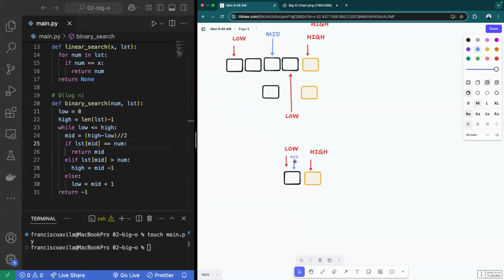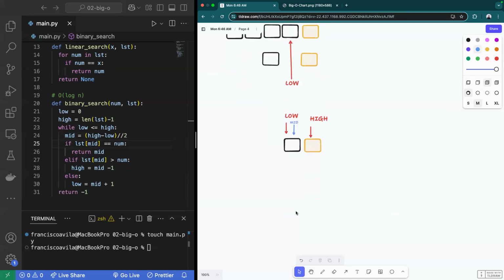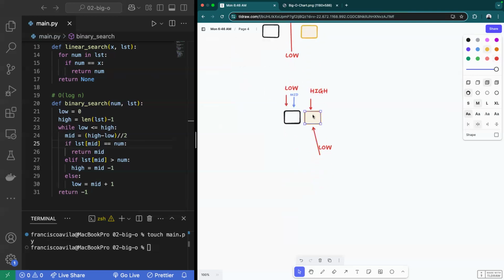Looking something like this, meaning that low will get reassigned to be our high number. Finally, that high number drops down. It's the only one left.